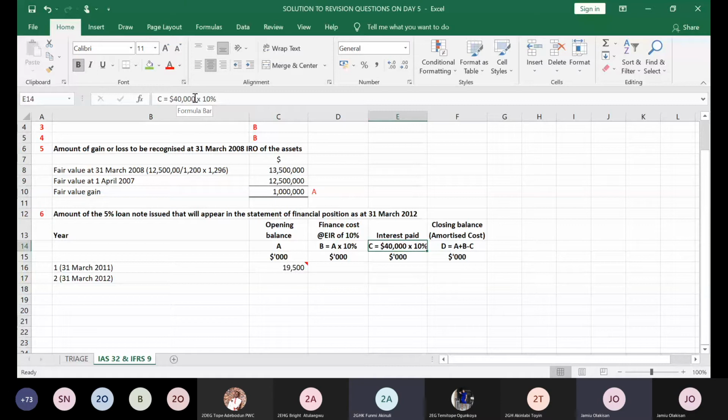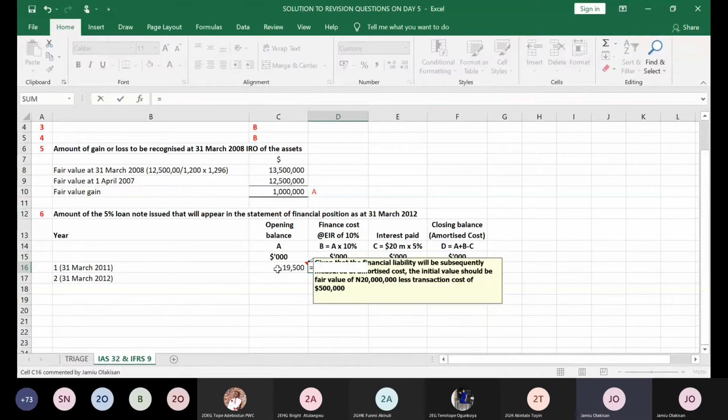It's 20 million, right? 20 million times 5%. Okay. Then closing balance.